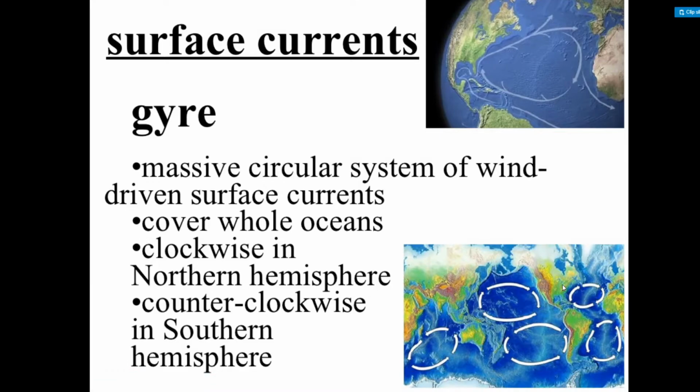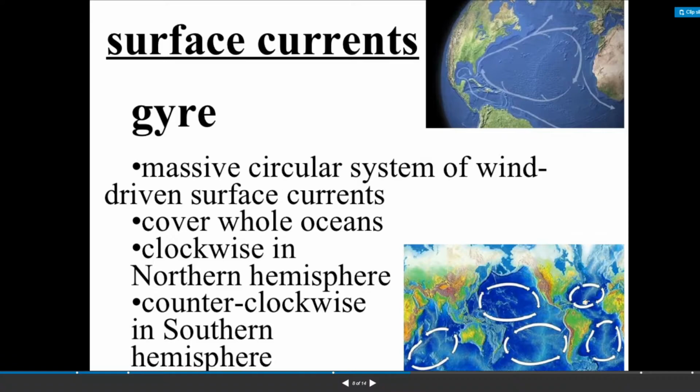Oh, it's a great day, isn't it? So this one is going clockwise. This one also going clockwise. And your equator is drawn right through here. And in the southern hemisphere, you can see that all of these ocean currents down here are going in a counterclockwise fashion.